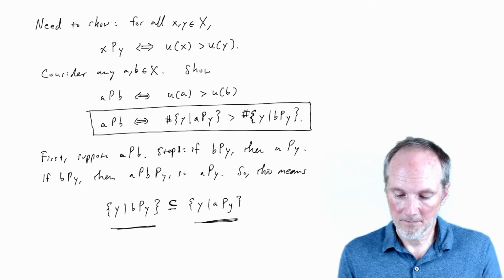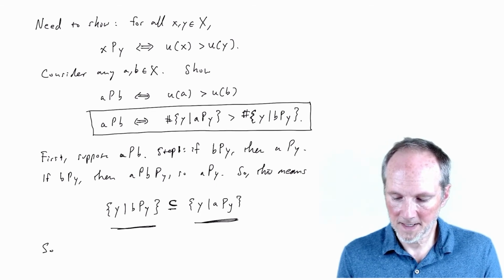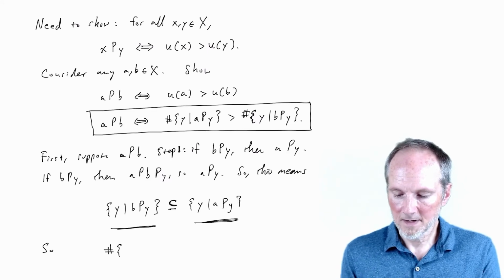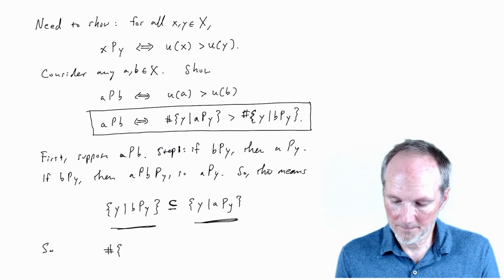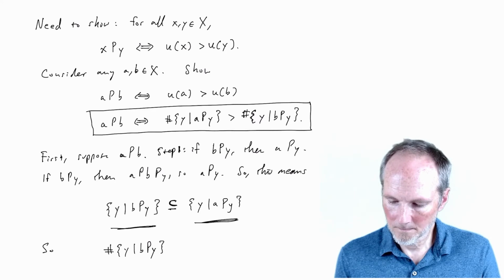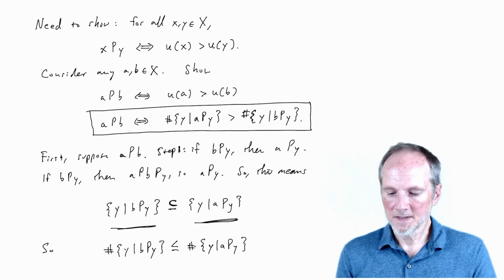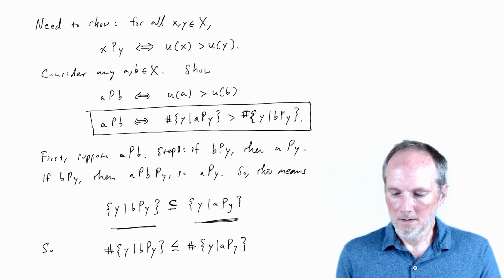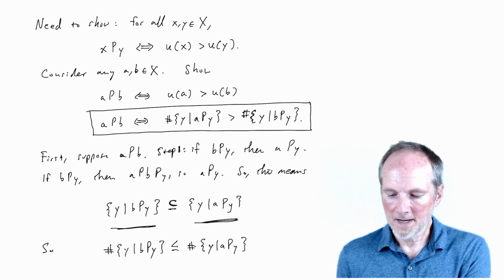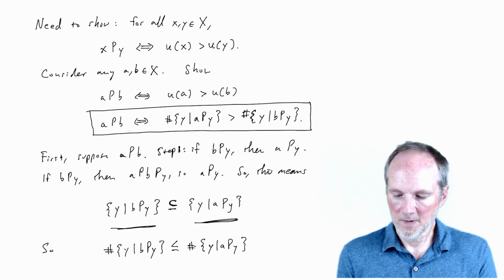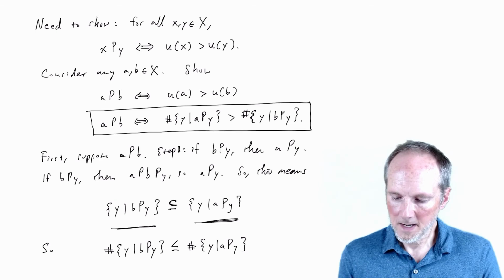So right away, that tells us that the set on the left cannot be bigger than the one on the right. If the set of things that are worse than B is contained in the set of things that are worse than A, then we have to have this inequality, okay?